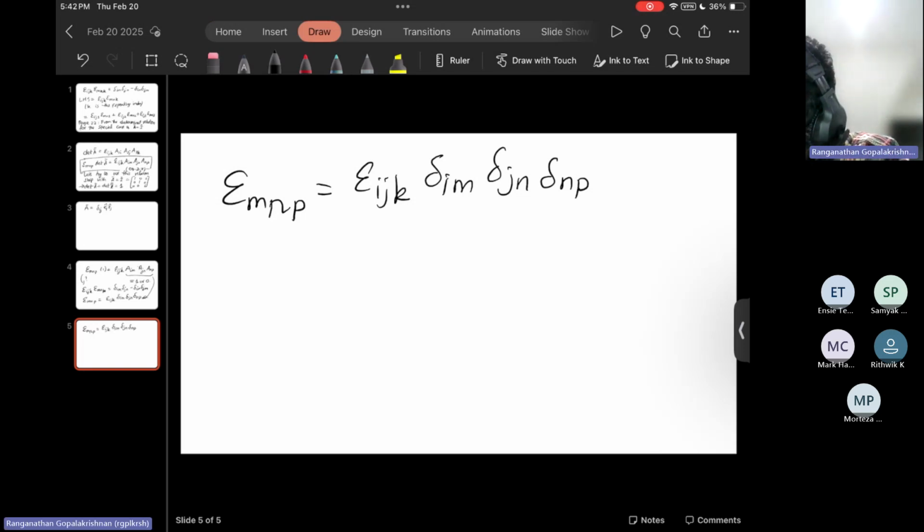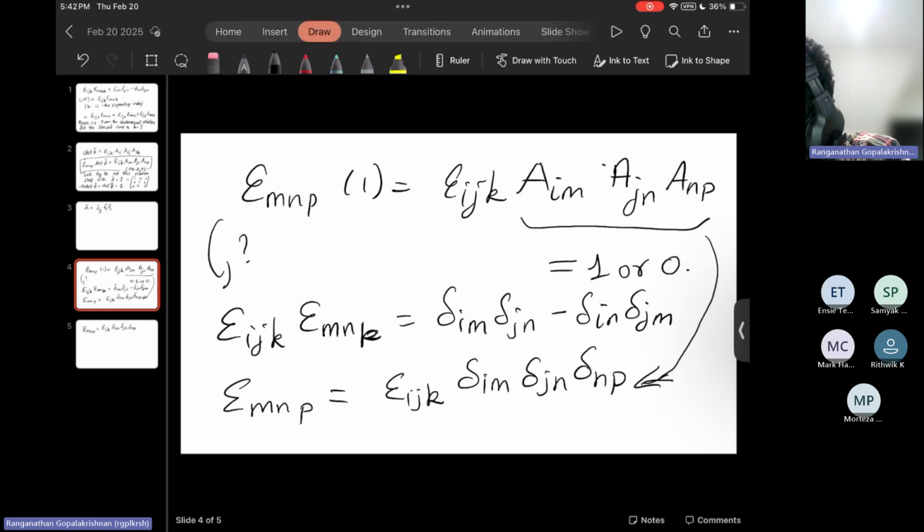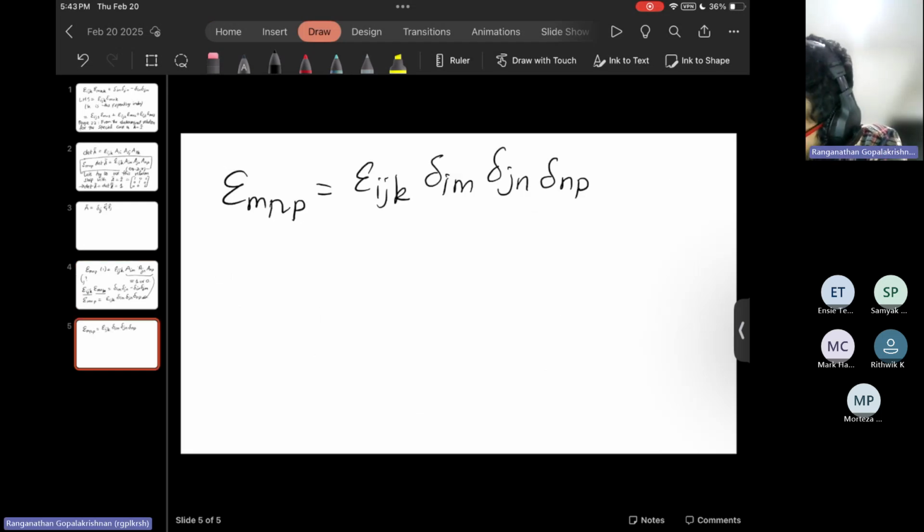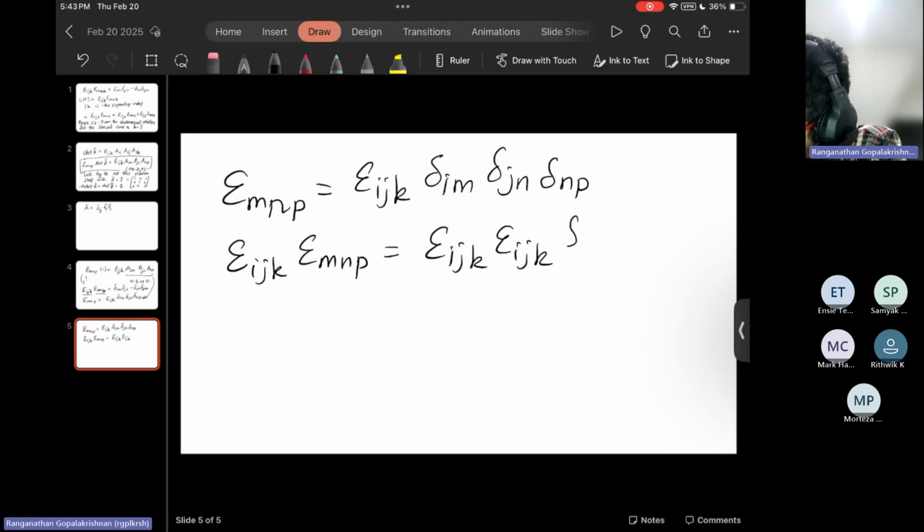I need this quantity, epsilon ijk times epsilon mnk. So I'm going to write epsilon ijk times epsilon mnp equals epsilon ijk times delta im delta jn delta np.